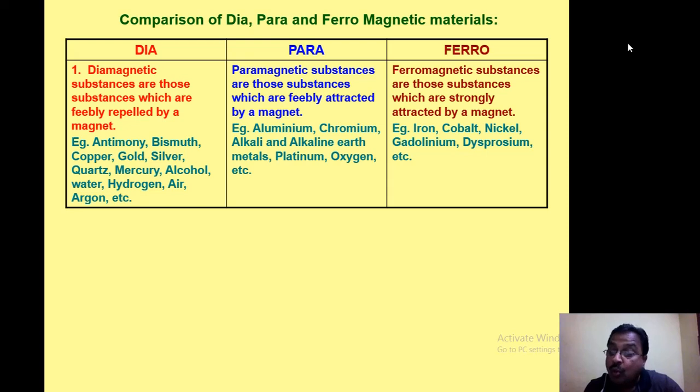To begin with, what are diamagnetic substances? Diamagnetic substances are those which are repelled by magnets, feebly repelled.